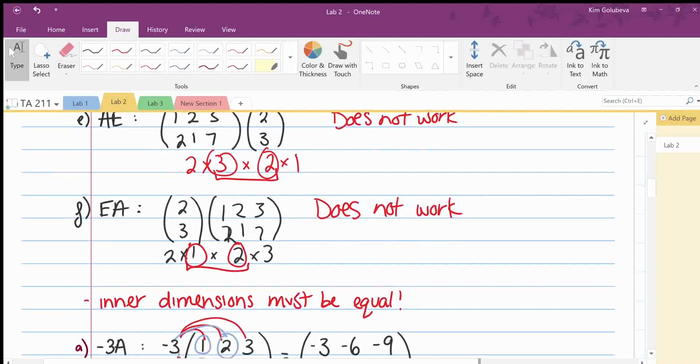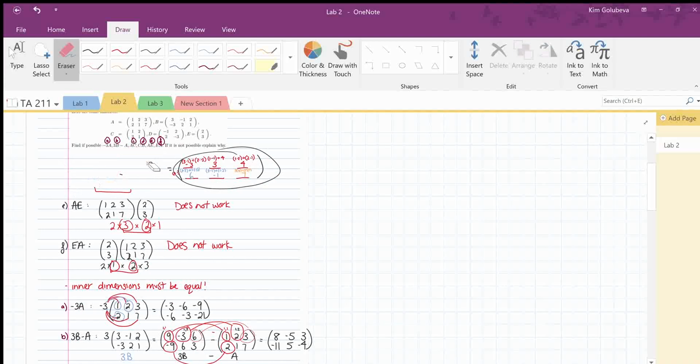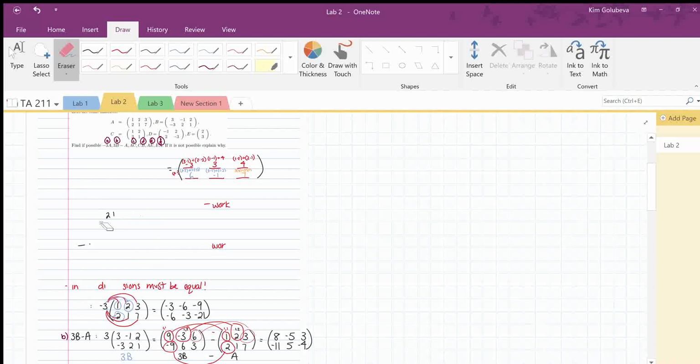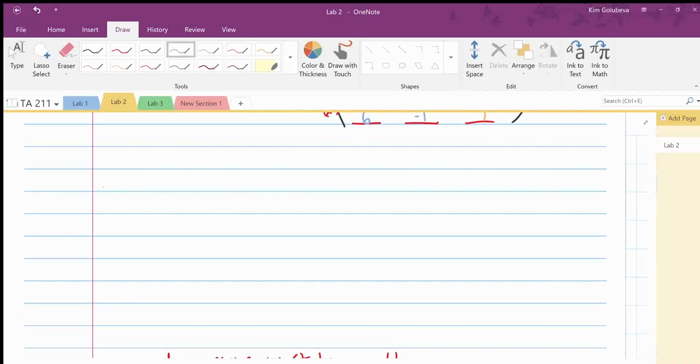Okay? So just to recap quickly, when we add and subtract matrices, the dimensions must be the same. So I'll quickly write that down. Add and subtract: same dimensions.